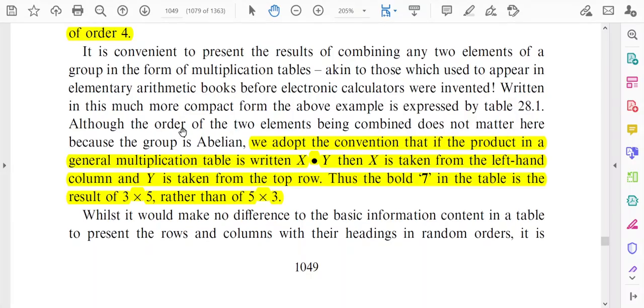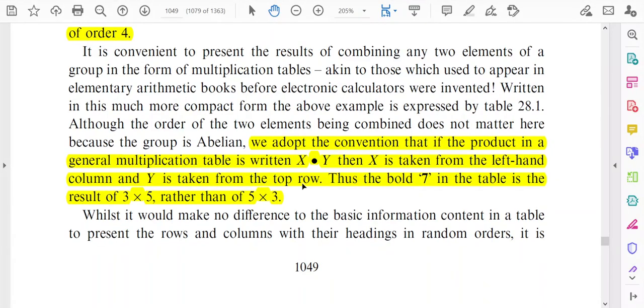Although the order of the two elements being combined does not matter here because the group is abelian. Here the group S is abelian, so the order of the two elements being combined does not matter. It means that x into y is equal to y into x, if x and y are two elements. We adopt the convention that if the product in a general multiplication table is written x dot y, then x is taken from the left hand column and y is taken from the top row.